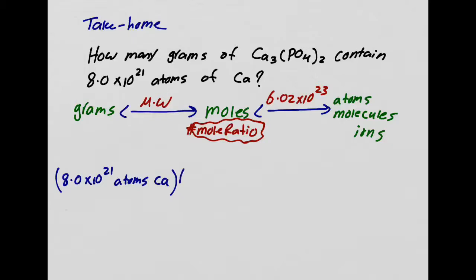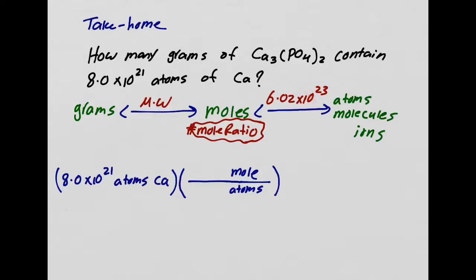So the first thing we're going to do, we're going to go again, atoms to moles, do a mole ratio to get to what we want, and then go from moles to grams. Okay, I have atoms of calcium. I don't want atoms, so atoms has to go on the bottom. Now what I want is moles. Mole has to go on top. Now how do I go from atoms to moles?